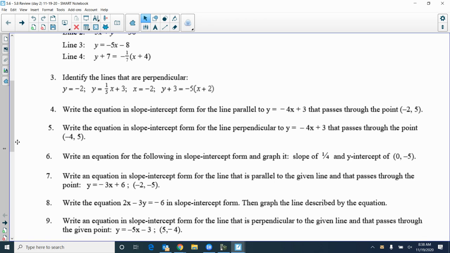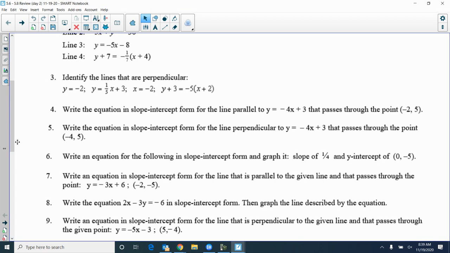So it gives you here y equals -4x plus 3. It gives you a b value for this line. But we want a different line, because my y-intercept, the b, is going to be different. It's going to have the same slope, but the y-intercept is going to be different.